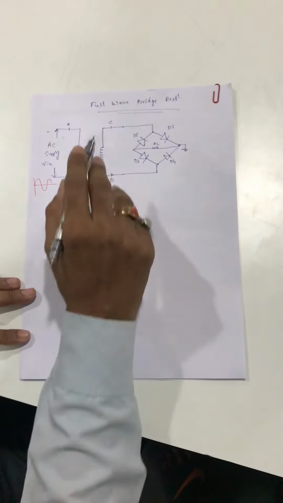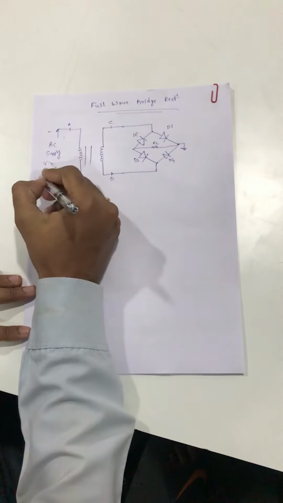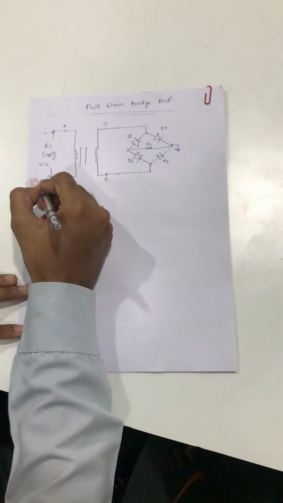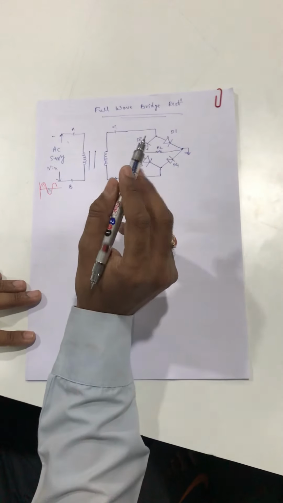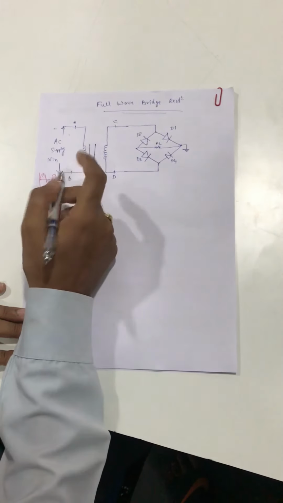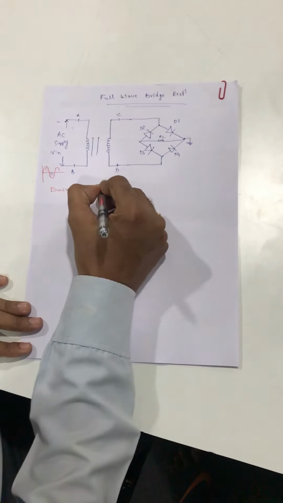Now how will it operate? As we know, AC voltage has a positive half and a negative half. So during the positive half cycle and during the negative half cycle, this circuit will behave differently. First consider the positive half cycle.